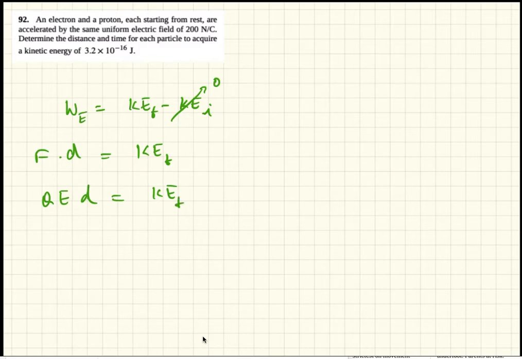And so the distance they travel is the kinetic energy divided by QE.